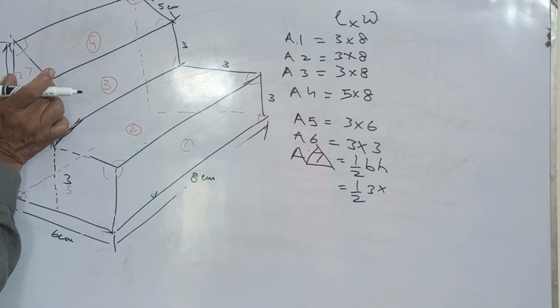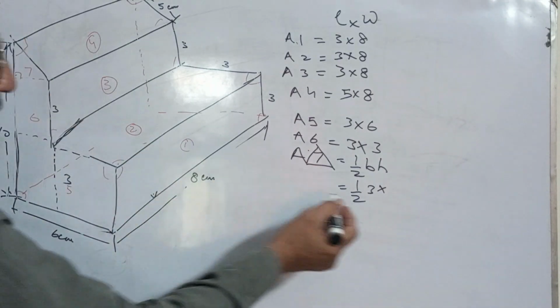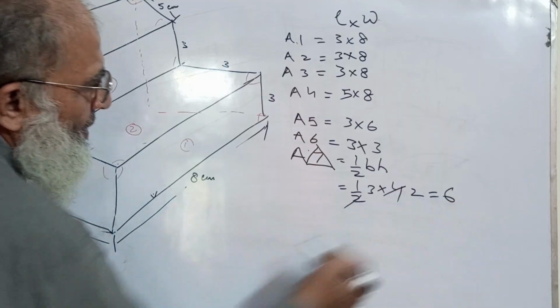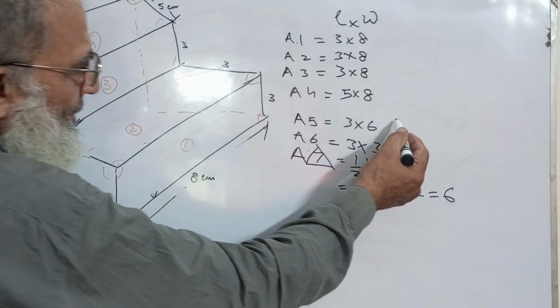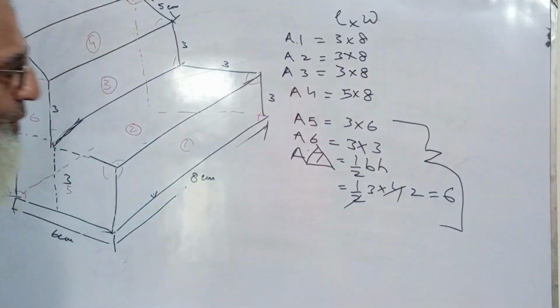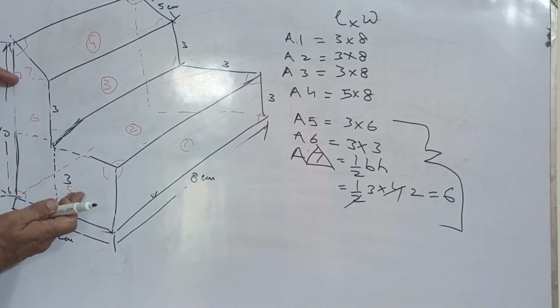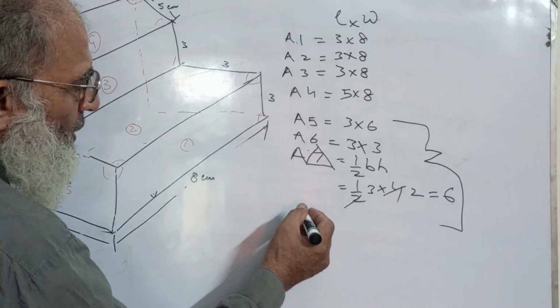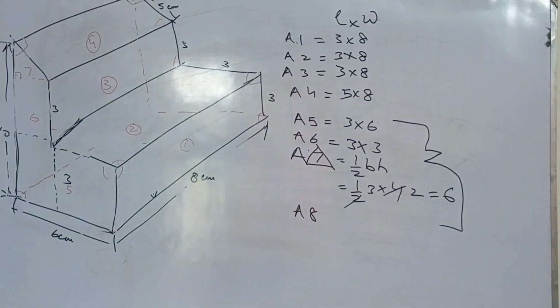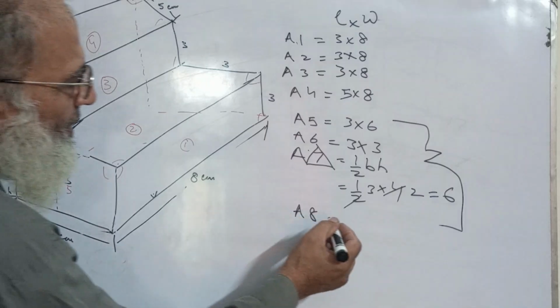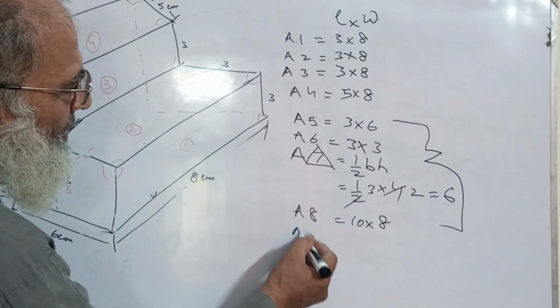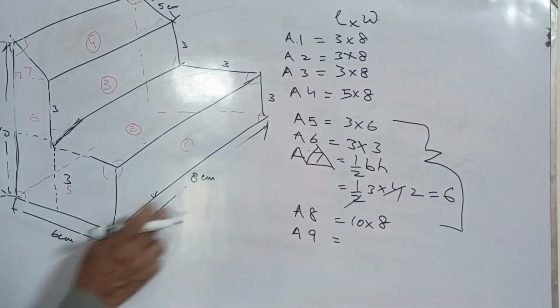Okay, it will become 6. Now these are at two places. One this side and other is this side. Now what I told you about A8, which is behind this photo, is 10 multiplied by 8. And at the bottom, which is A9, that is equal to 6 multiplied by 8.